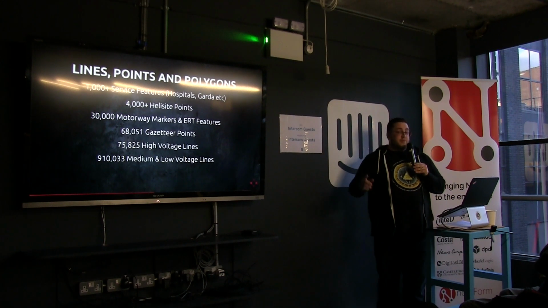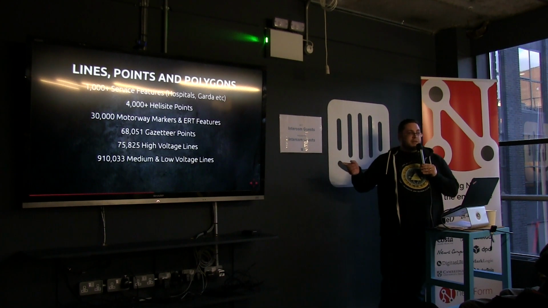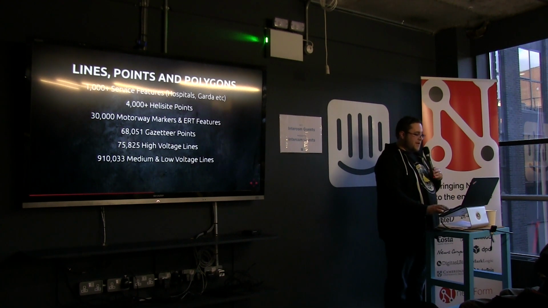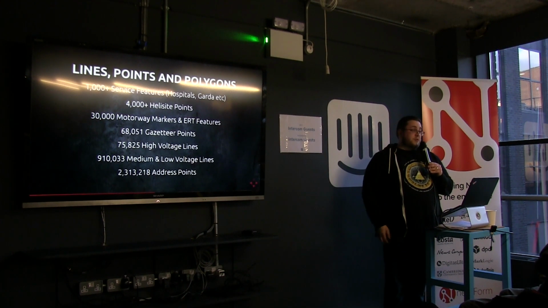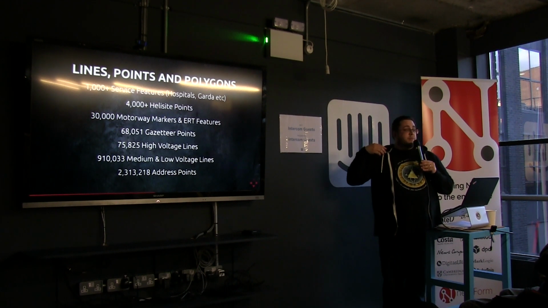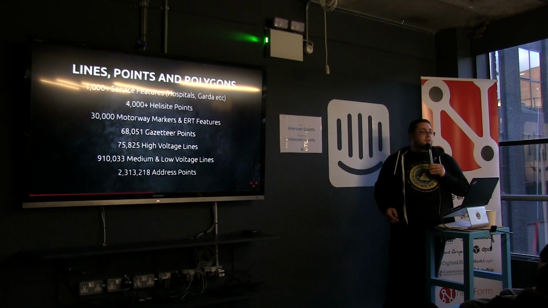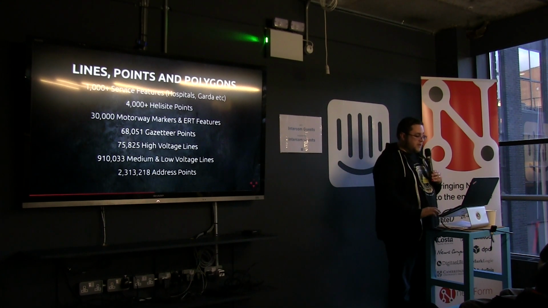After a storm, it's really fun seeing these numbers change. The amount of them they have to replace is ridiculous. And about 2 million address points. Each one comes from a different agency, a different source, so it's a bit of work keeping each up to date, but that's what they pay us for.